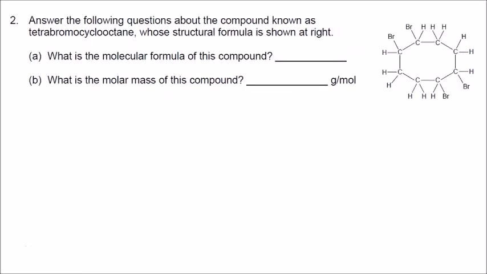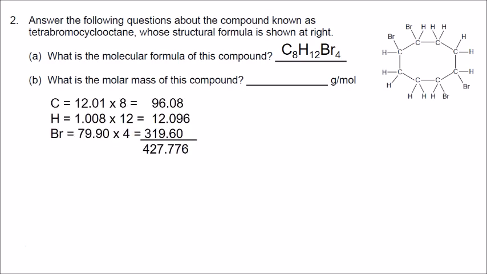In number 2, we're given a structural formula for tetrabromocyclooctane, and the molecular formula, if we count all of the carbons, hydrogens, and bromine atoms, is C8H12Br4. We calculate the molar mass by using the periodic table, and we get 427.776.